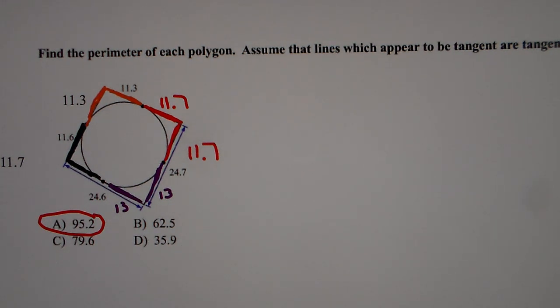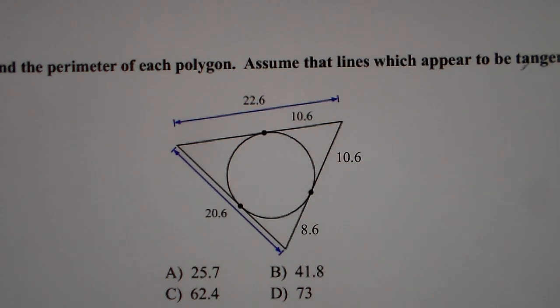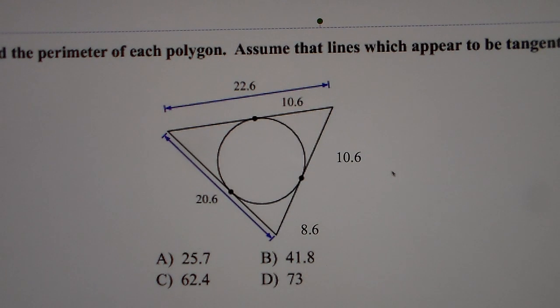Let's do another one like that. So it's the same directions. I'm going to keep this picture kind of on the bigger side so you can see the picture a little bit better. Alright, so you know that this one's 10.6. Because that's 10.6, we know that this is 10.6.